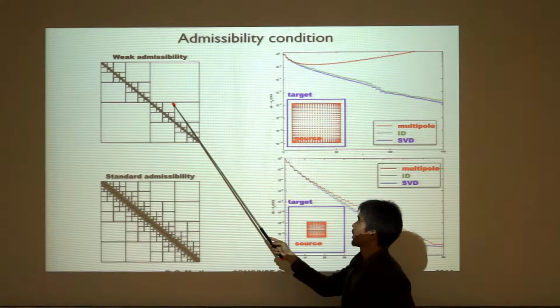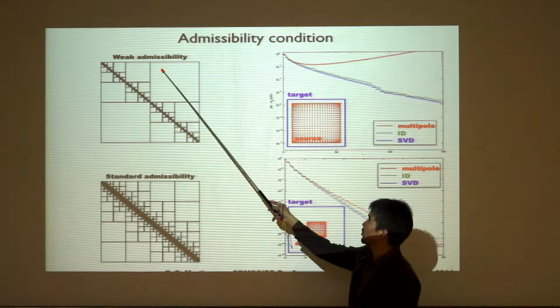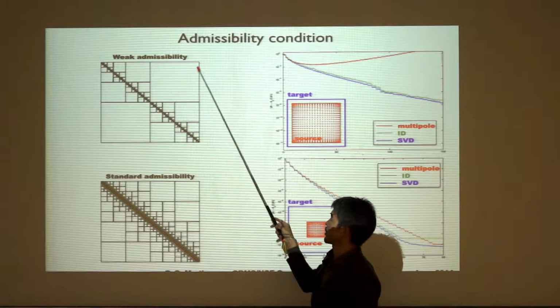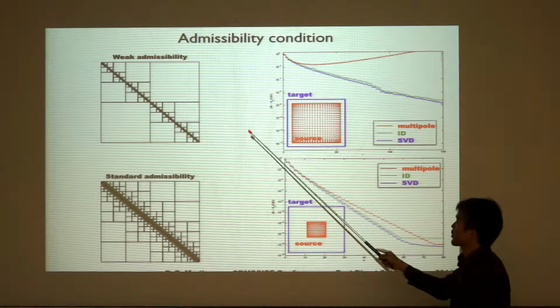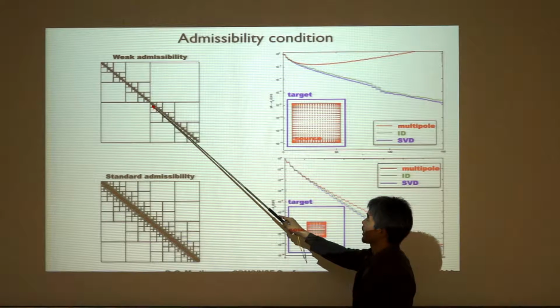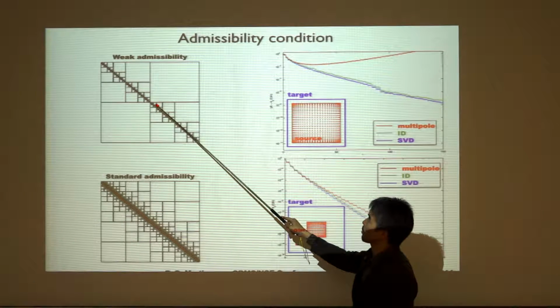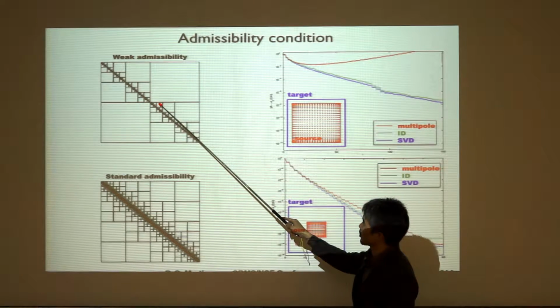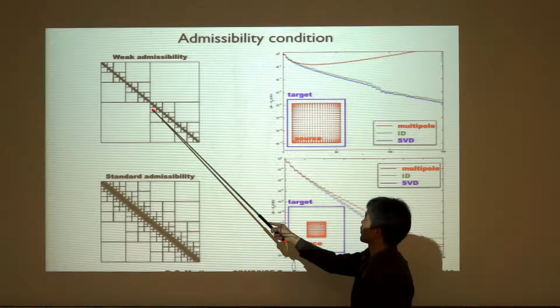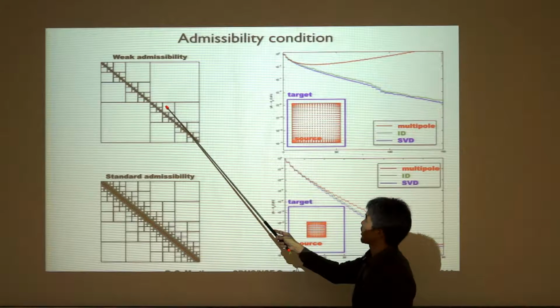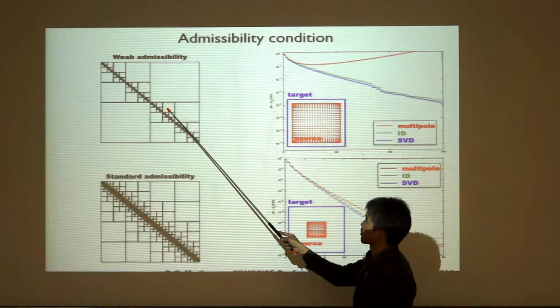Okay, a little bit more on the admissibility and the real reason why this one doesn't compress well for higher dimensions is that if you use this kind of weak admissibility and don't divide the box too much, then you're actually looking at your direct neighbor. So you have white boxes immediately next to you at very small levels, and even at the big levels. So the one that's immediately next to you is trying to be compressed.